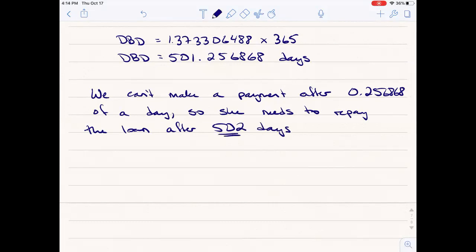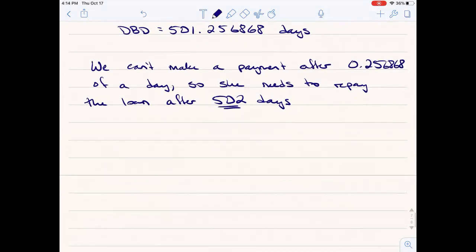So that's going to be important: when you're solving for time, you have to round your number of days up, always up, to make sure that you're covered. So I'll make a little note here. Always round up for the number of days.